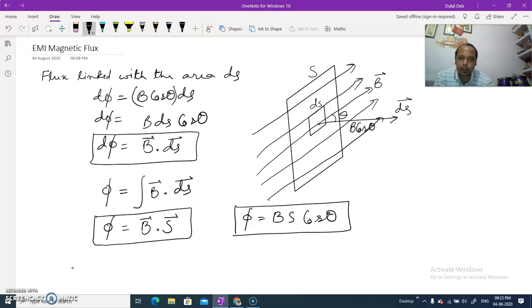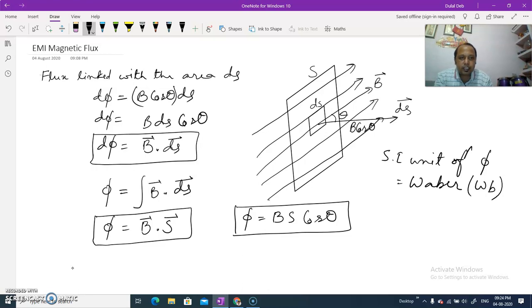Now you need to understand one more thing here. When we are discussing magnetic flux, the SI unit of magnetic flux is Weber. In short, it is Wb.